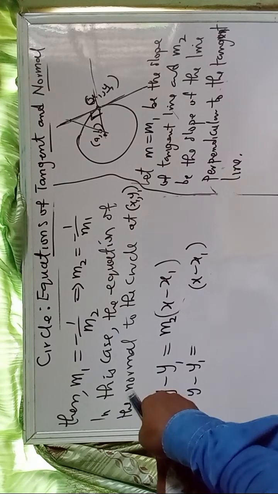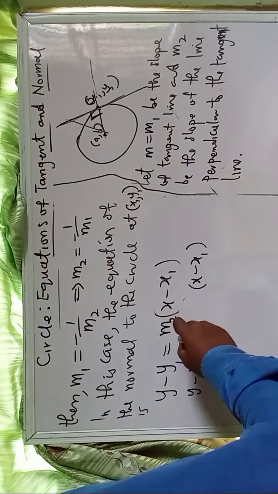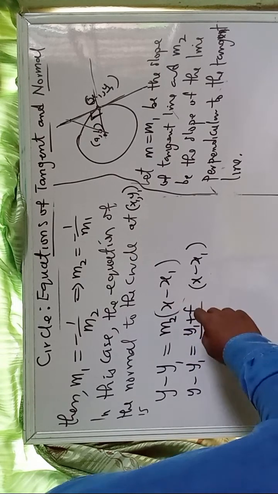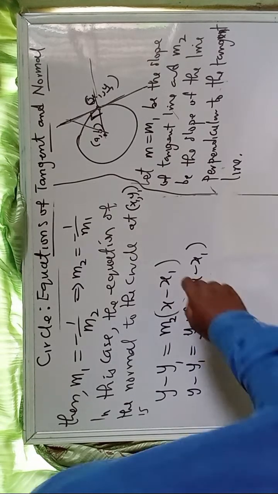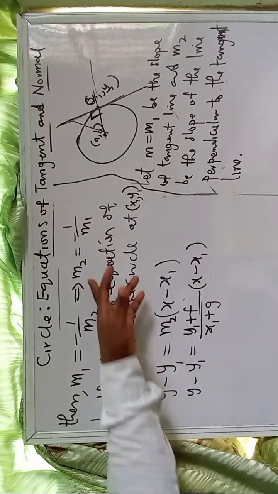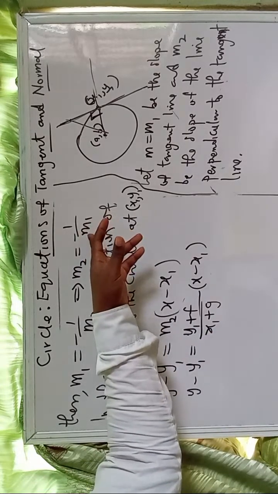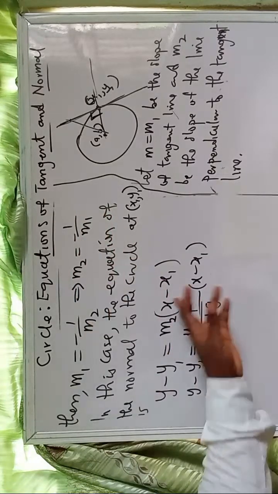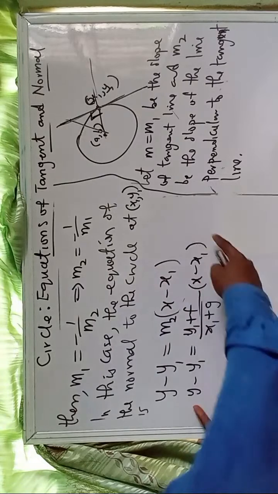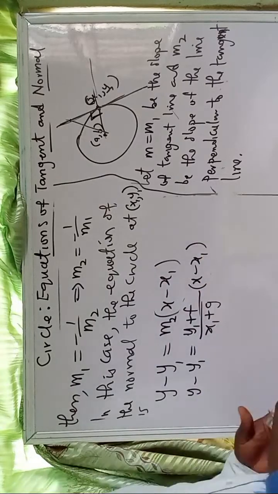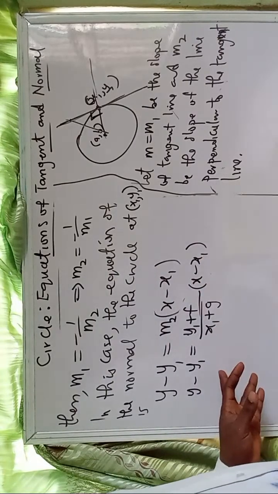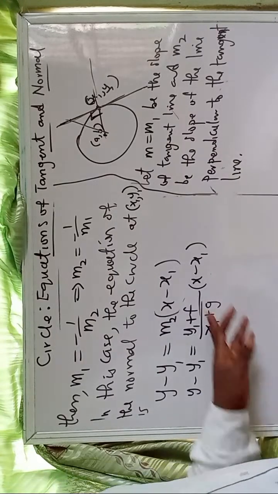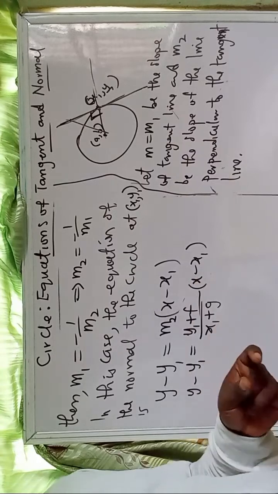So this will be y1 plus f all over x1 plus g. If you make m2 a formula and bring m1 to this place, we get m2 to be this form. So this equation that we have got here is the equation of the normal line at the point x1 comma y1.